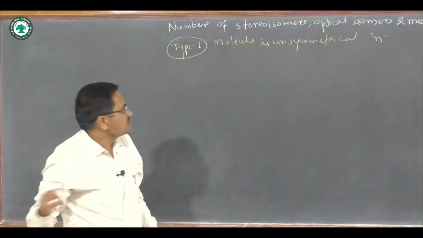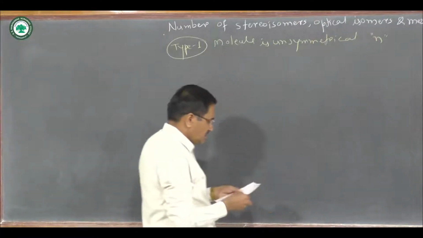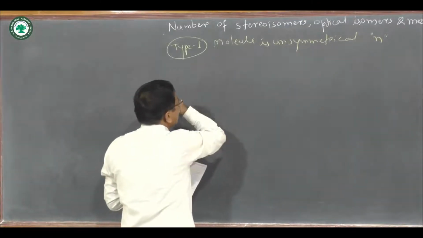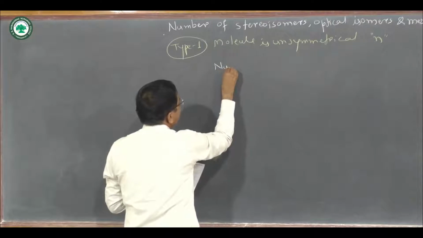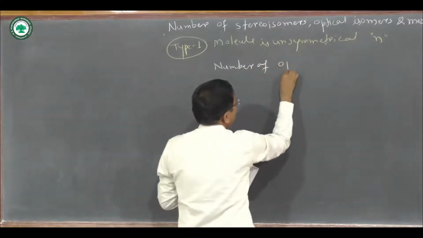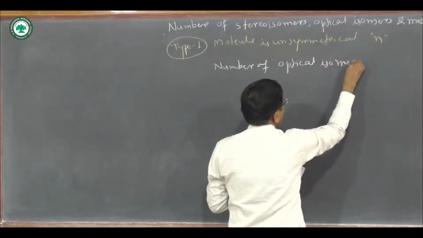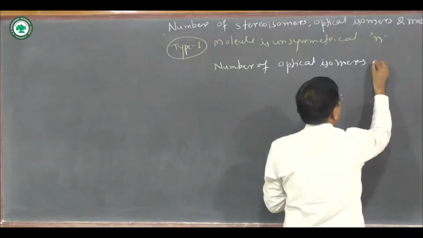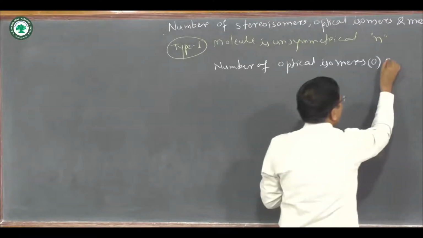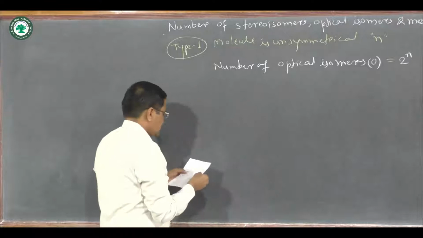In this case the molecule is unsymmetrical and n is the number of chiral centers.